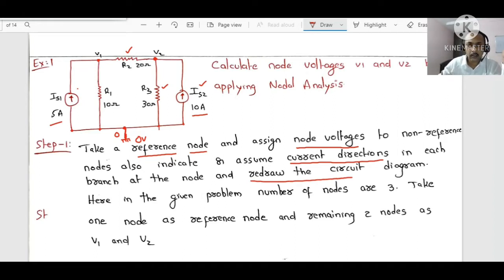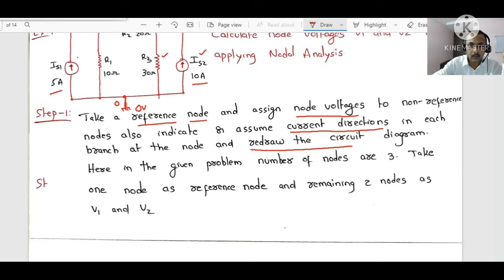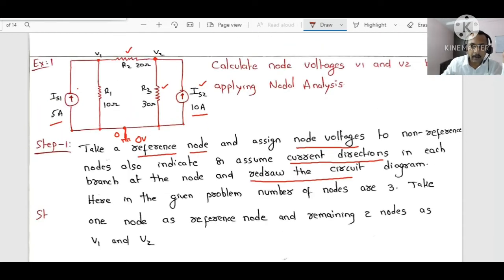Right? So in this problem, number of nodes are how many? 3. Number of nodes are 3. First node, second node, and the third node. Take one node as reference node, remaining 2 nodes as V1 and V2.